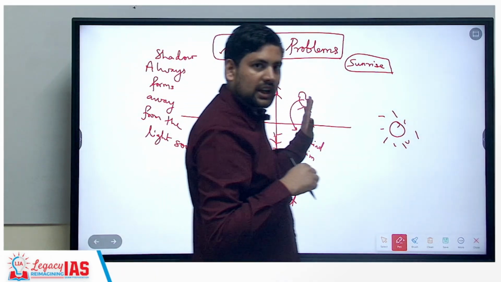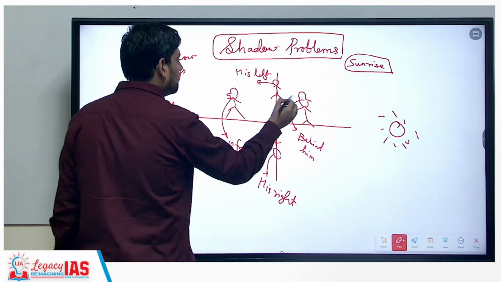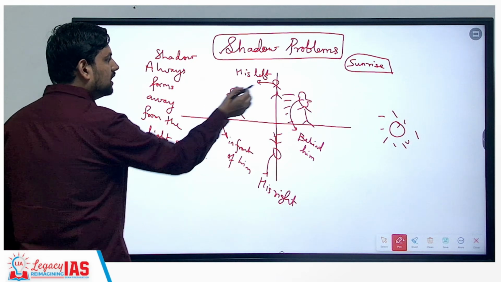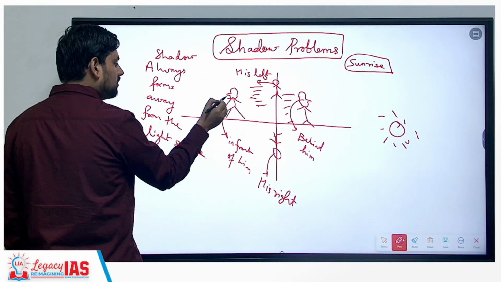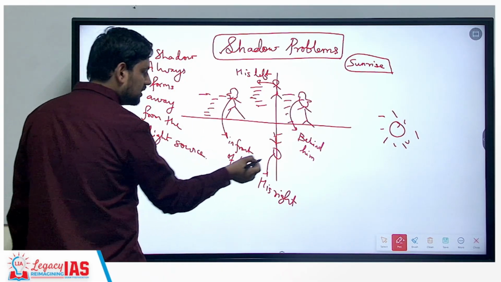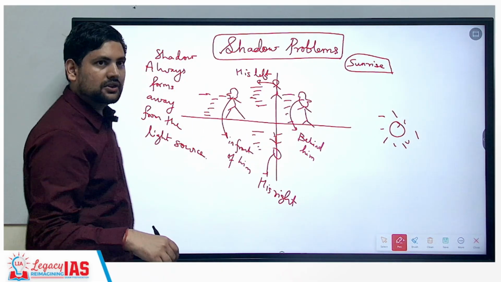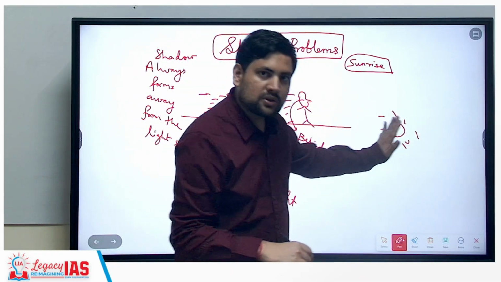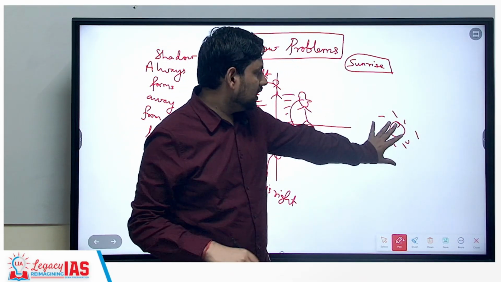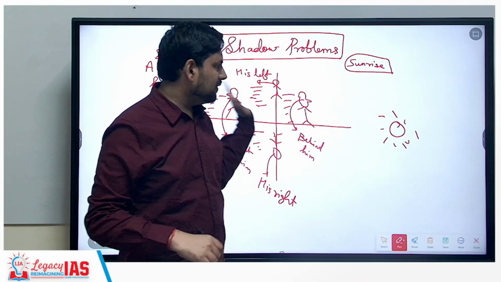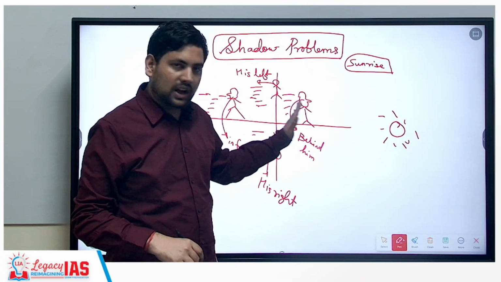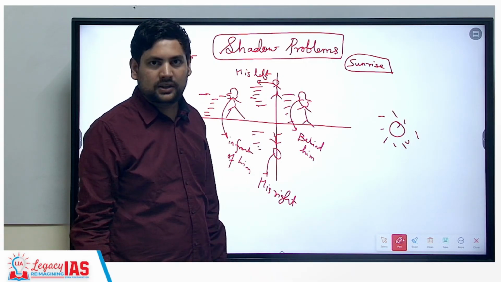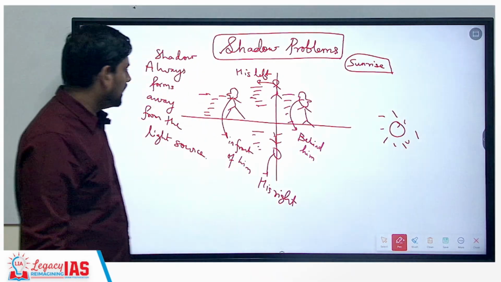Like here, can you see it is forming away from the light source? His shadow is also forming away from the light source. No shadow forms towards the light source. So during sunrise, all shadows fall away from the sun. So this is during sunrise.